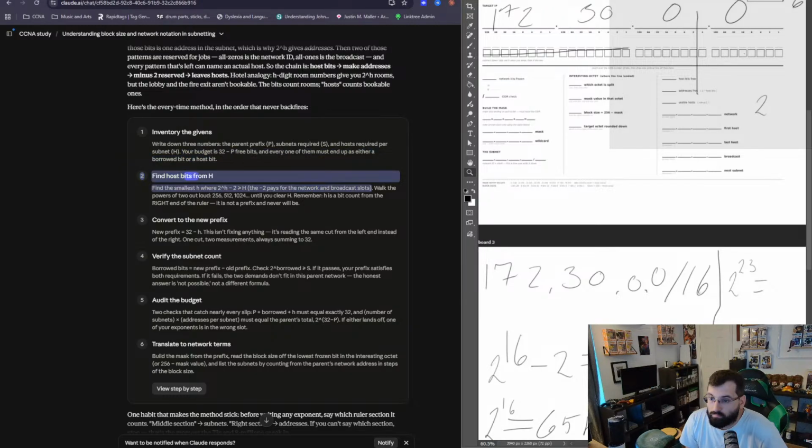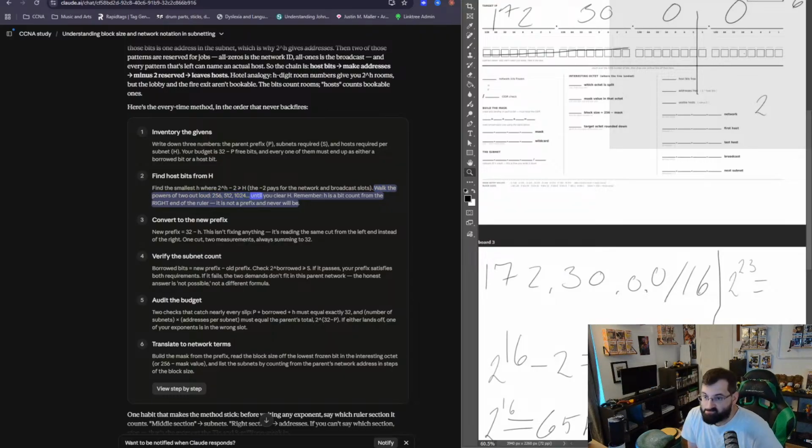To find host bits h, find the smallest h where 2^h minus 2 is greater than or equal to H; the minus 2 pays for the network and broadcast slots. Walk the powers of 2 out loud, 256, 512, 1024, until you clear H. Remember, h is a bit count from the right end of the ruler. It is not a prefix and never will be. 3. Convert to the new prefix: equal to 32 minus h. This isn't fixing anything, it's reading the same cut from the left end instead of the right.